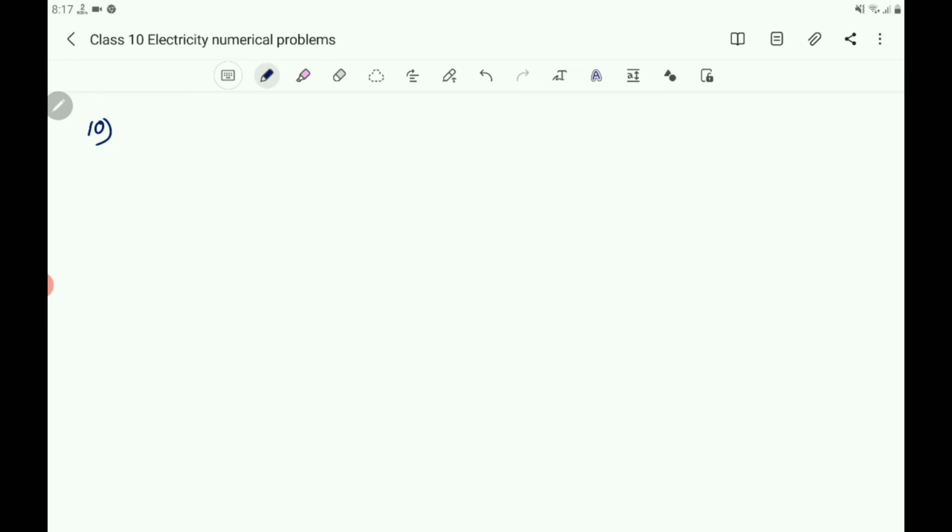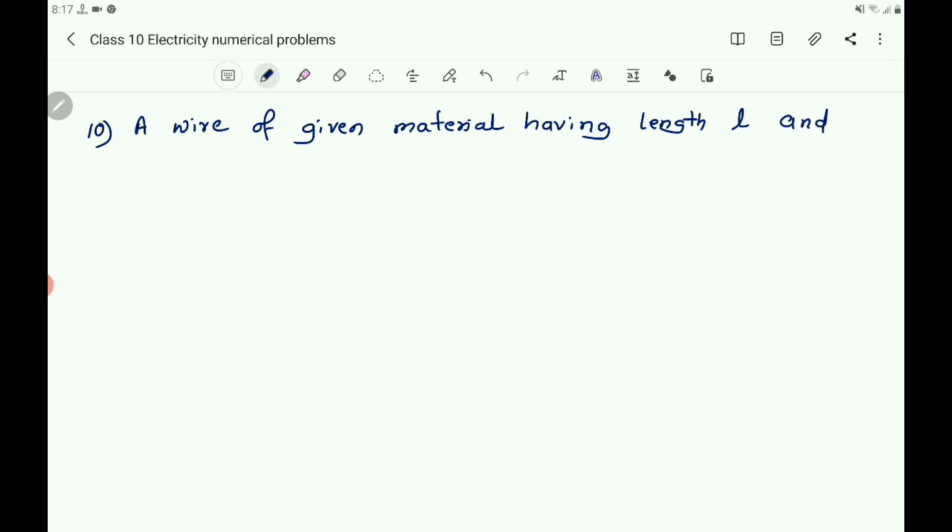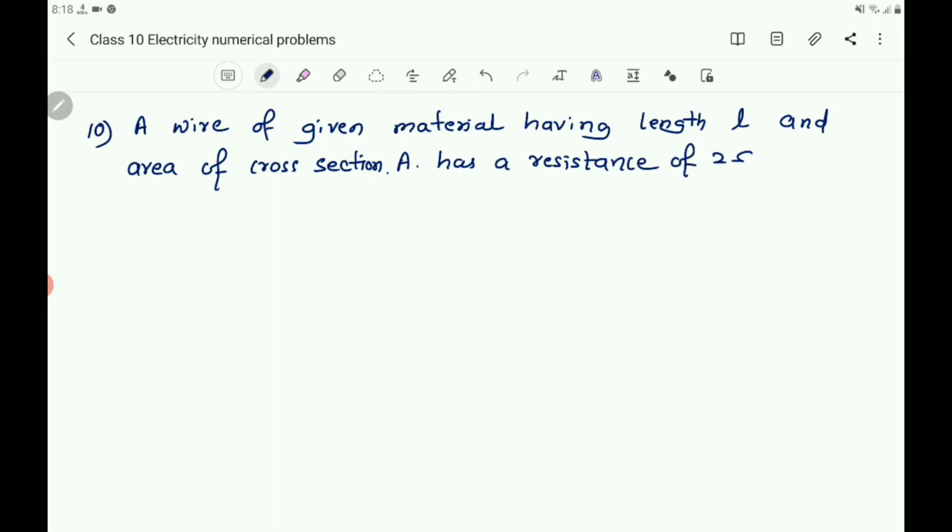A wire of given material having length L and area of cross section A has a resistance of 2 ohm.